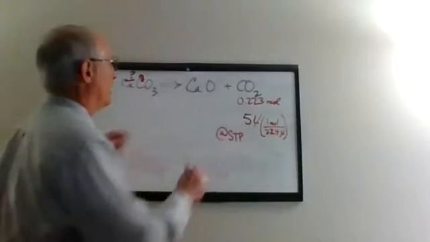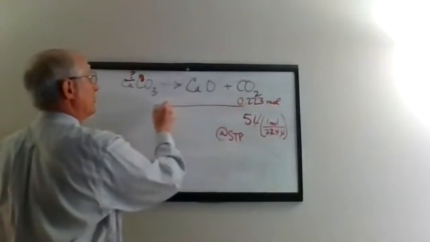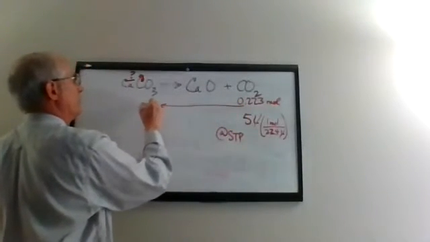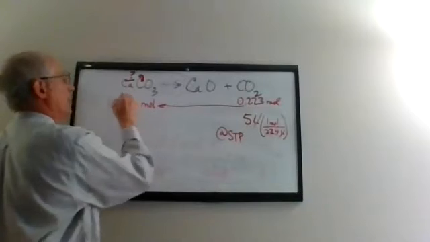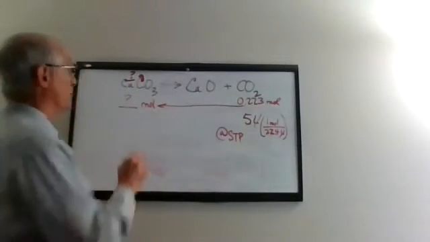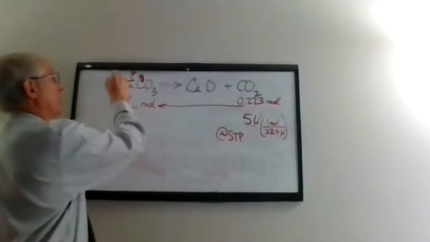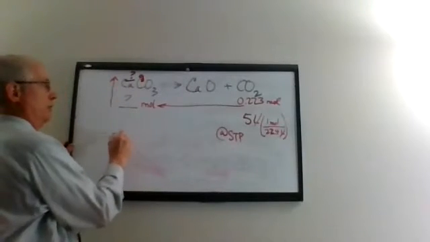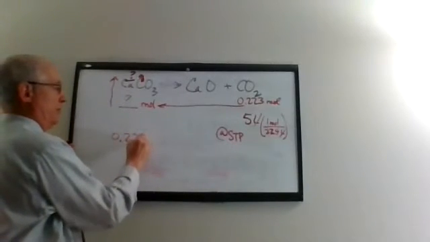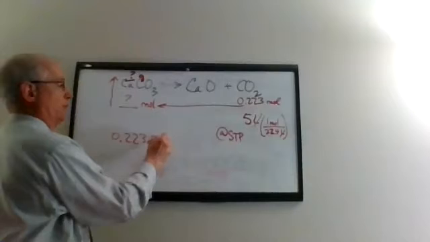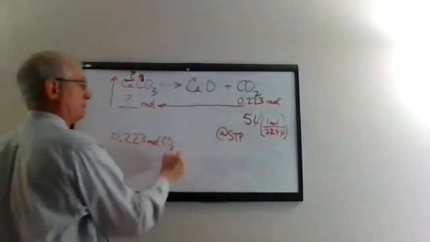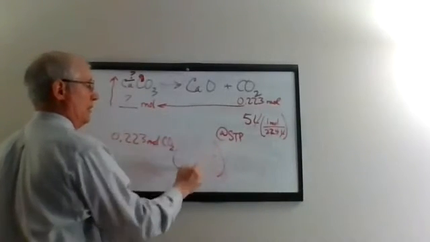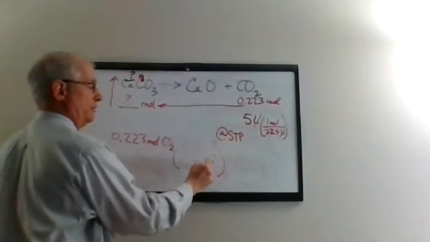Now we got to go from there and compare moles with moles. And then we got to convert moles into grams. This is going to be a 2-step. So it's going to be 0.223 moles of CO2. Moles of CO2 go down here, so it'll cancel.